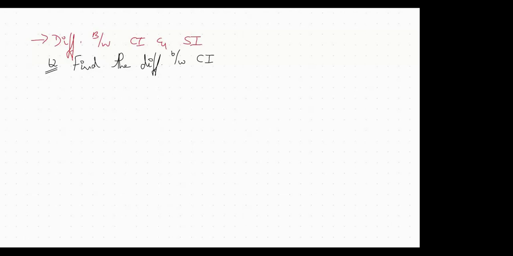Principal will be the same, R will be the same, T will be the same. Both methods you have to apply and then find the difference. CI and SI for rupees 48,000 for 3 years. This is my principal.